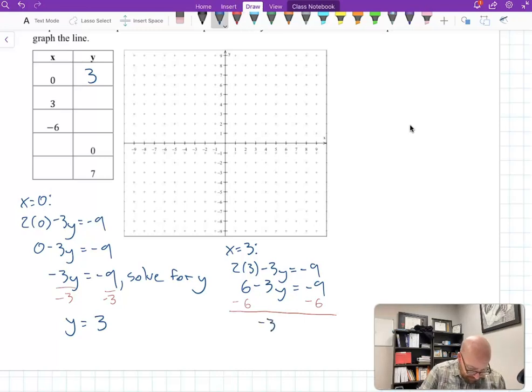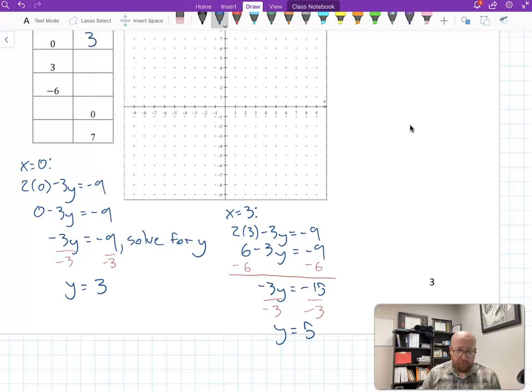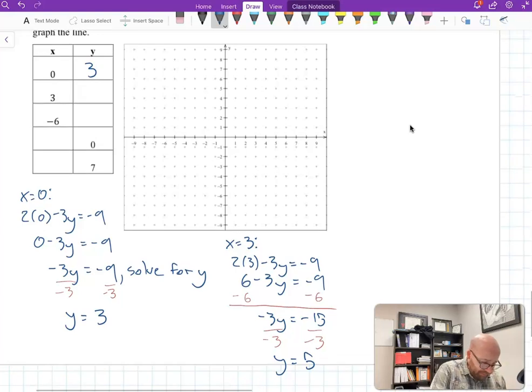So we get -3y equals -9 minus 6, which is -15. Then we'll divide both sides by -3. And that gives us y is equal to +5. -15 divided by -3 is +5.